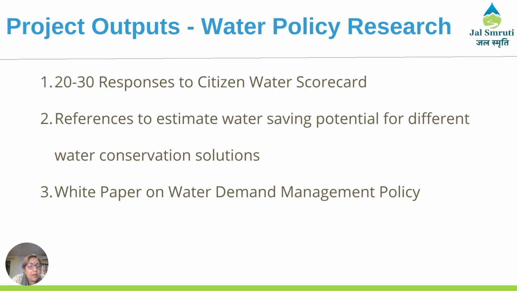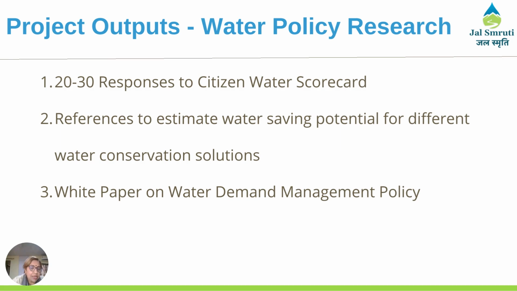The second tangible output is that you will be collecting literature references, and the literature could be academic literature or gray literature, where you are able to gather the evidence for the water saving potential estimates for different types of water conservation solutions.